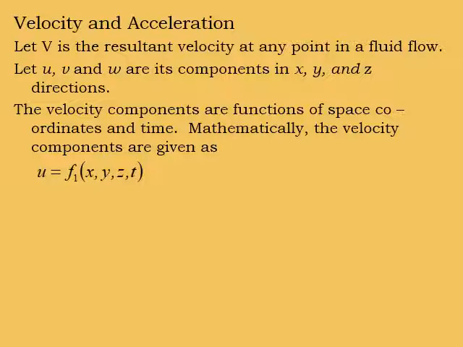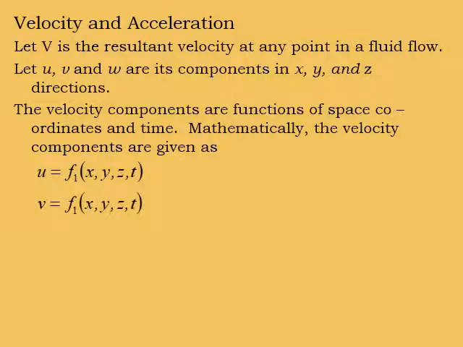Here the velocity components are functions of space coordinates as well as time. For that reason, u is equal to a function of x, y, z and t. So x, y, z are space coordinates and t represents time.